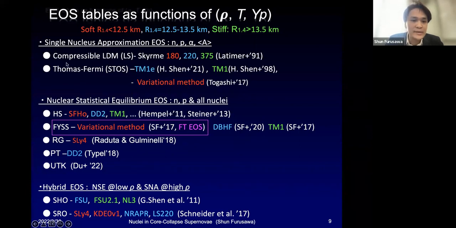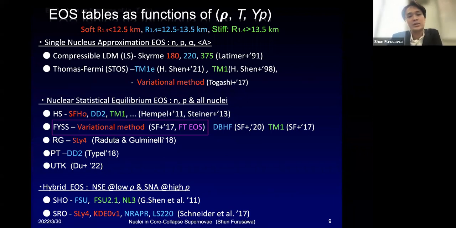One is the famous LS-EOS, which is based on Skyrme-type interaction. The other is the Thomas-Fermi STOS EOS. This EOS is based on relativistic mean field with the TM1 parameter set for nuclear interaction, and the nuclear model is the Thomas-Fermi approximation.